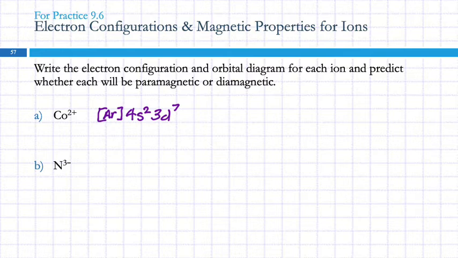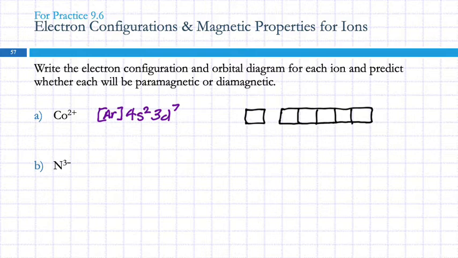And then let's do the orbital diagram as well, since they want us to do that. This is 4s, and this is 3d. There are 2 electrons in 4s and 1, 2, 3, 4, 5, 6, 7 in 3d.